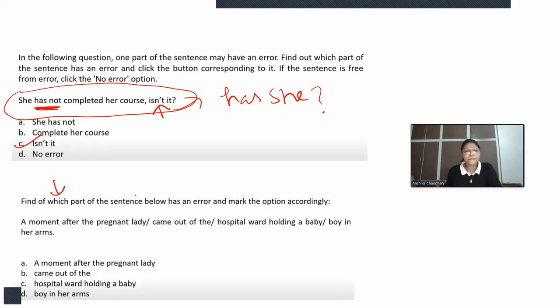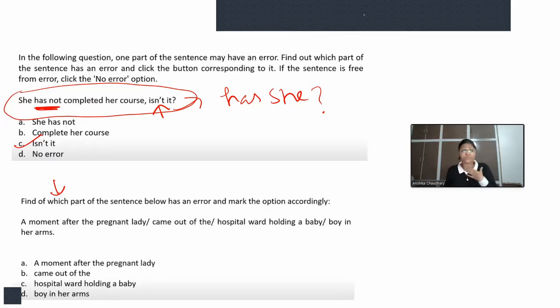The next question, find out which part of the sentence below has an error and mark the option accordingly. A moment after the pregnant lady came out of the hospital ward holding a baby boy in her arms.